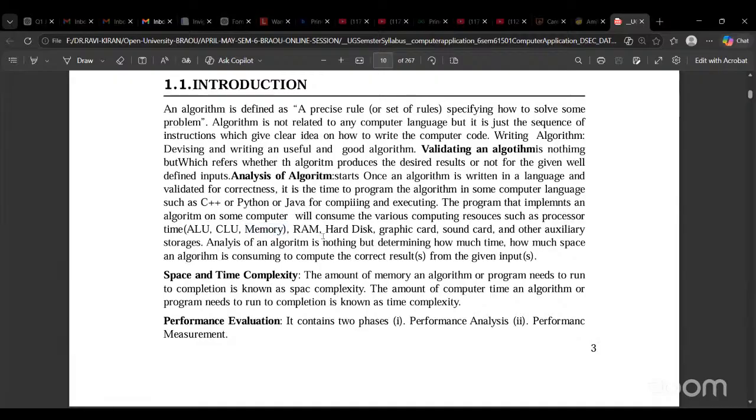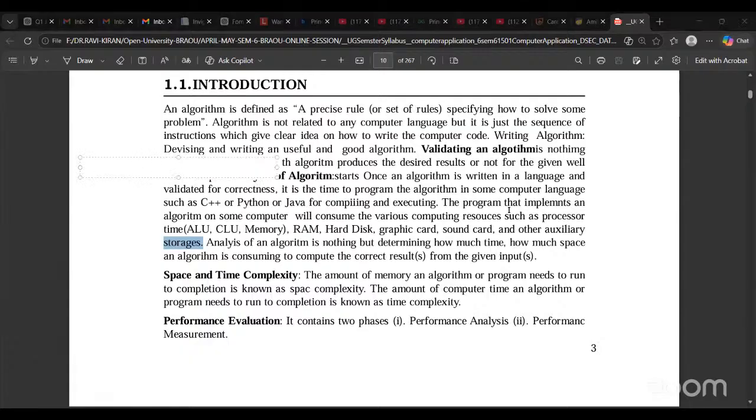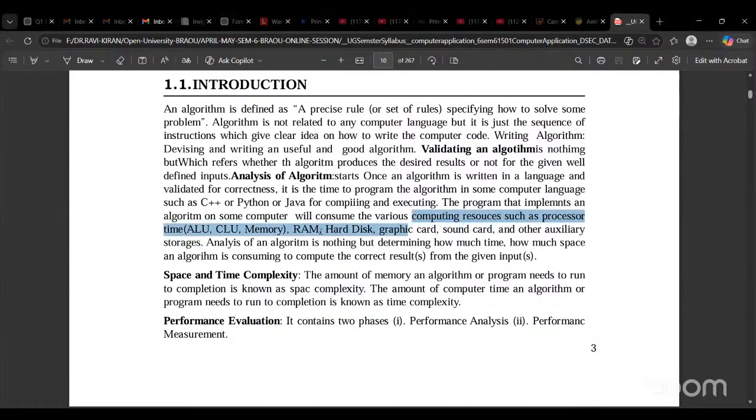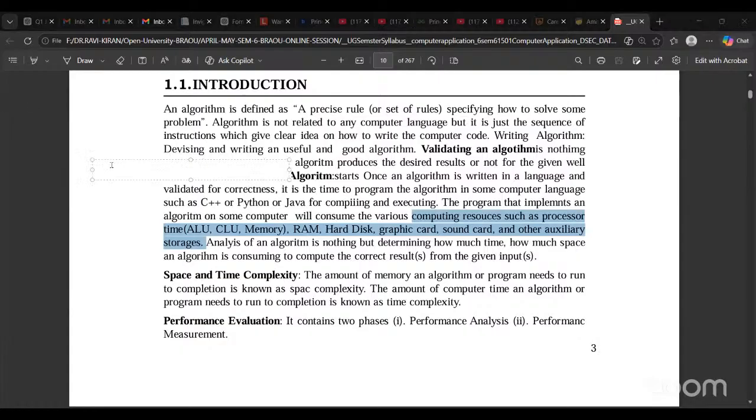Along with them, we require RAM, hard disk, even graphic card, sound card, and other storage areas.